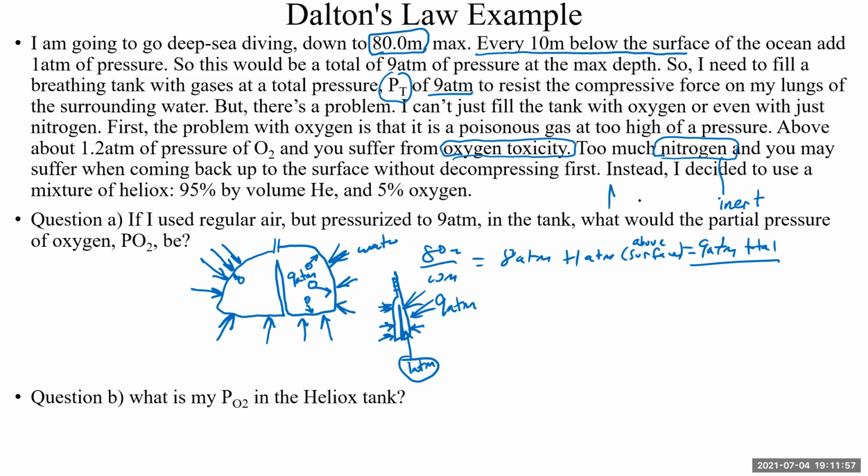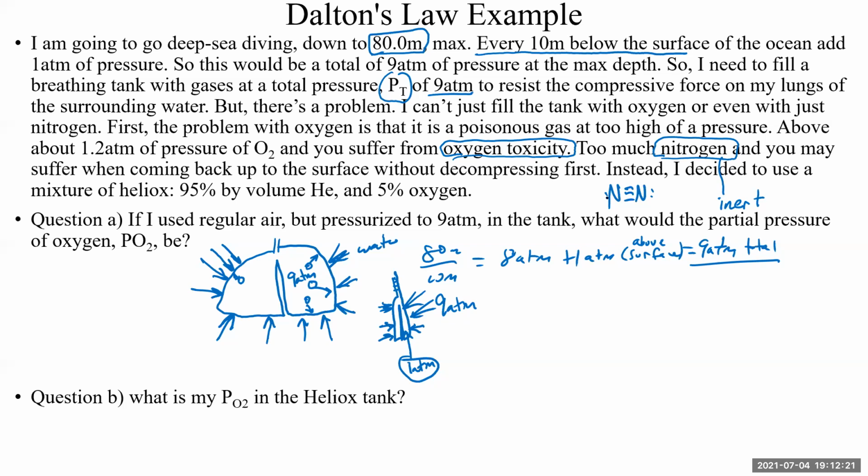So we know nitrogen is diatomic: it's 2 nitrogen atoms bonded together. What does this mean for us? It's a relatively large molecule, and even though it can fit through some of the pores or openings in your cellular membranes, if it leaves your blood and your cells too quickly, it will cause damage on the way out. And that's the problem.